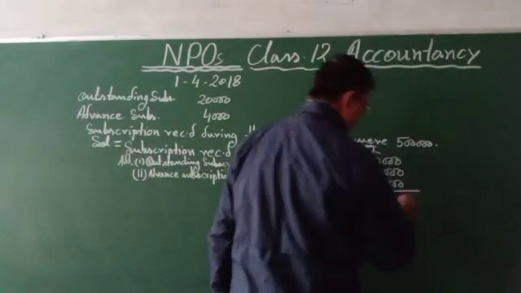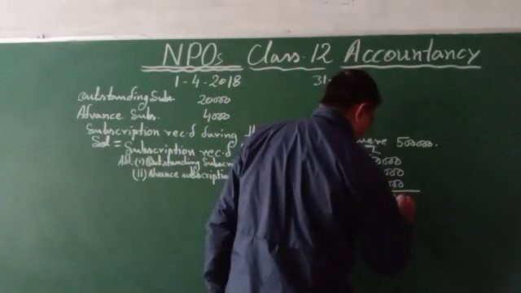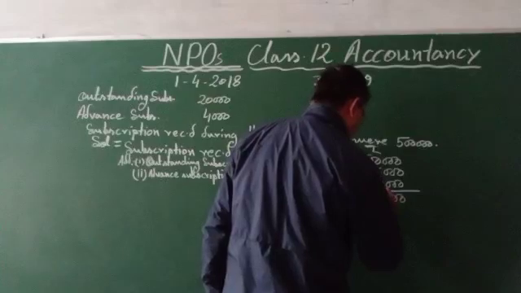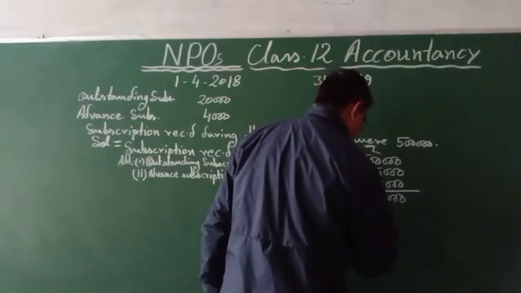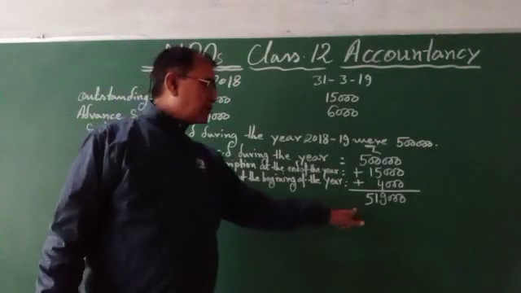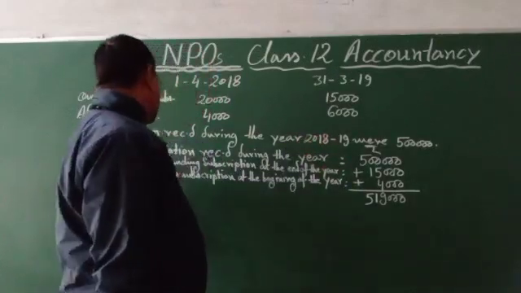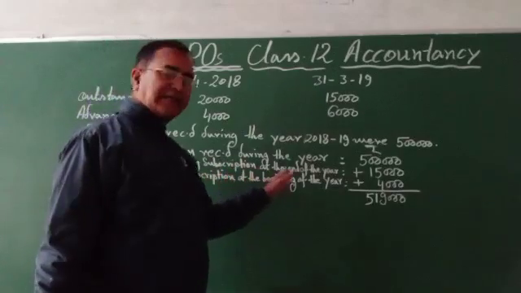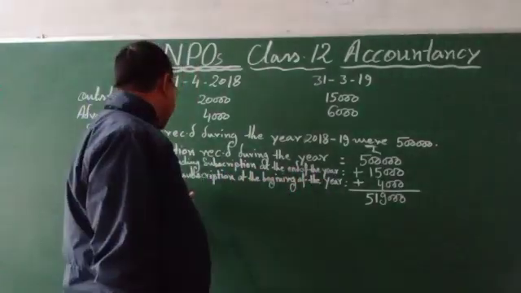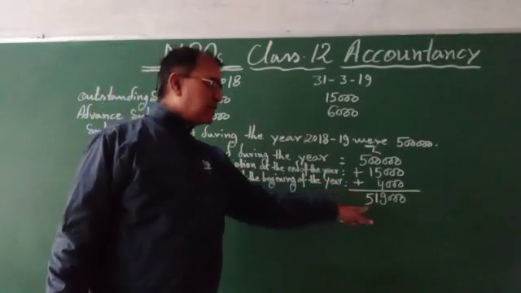That is the total 5,19,000, the total of subscription received during the year, outstanding subscription at the end of the year, and advance subscription at the beginning of the year.